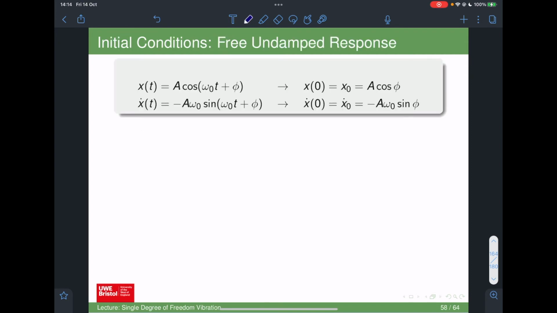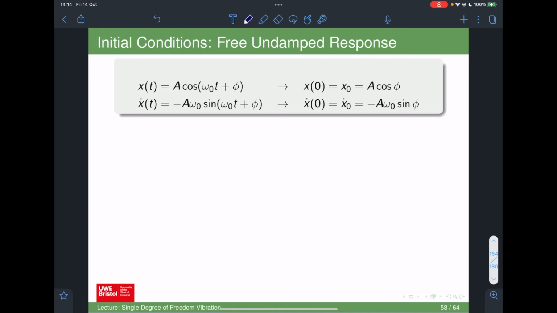Now why do we apply that format? Well, one of the reasons is to do with the initial condition. If you remember, we have this equation for x of t. If you stick in 0, you get a cosine of the angle, in this case phi.